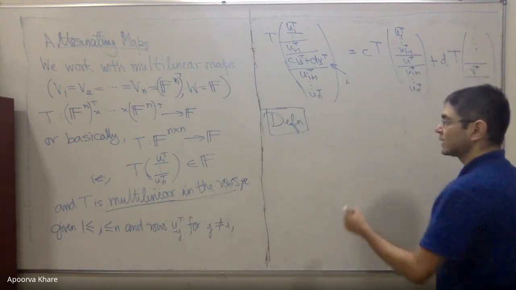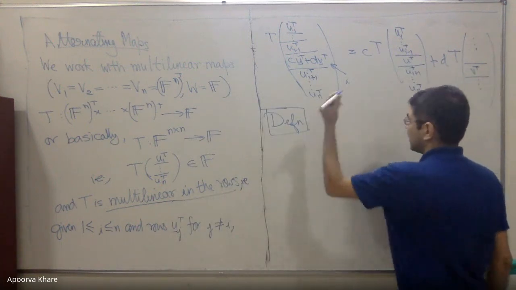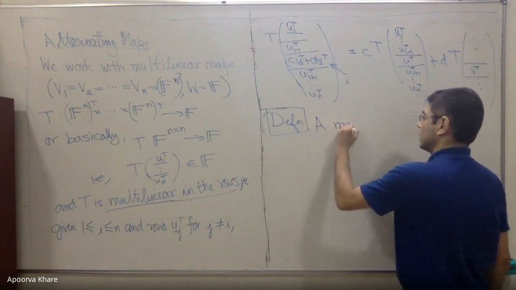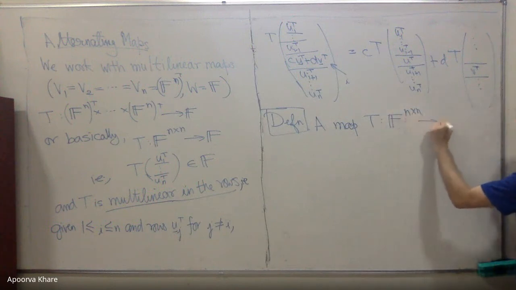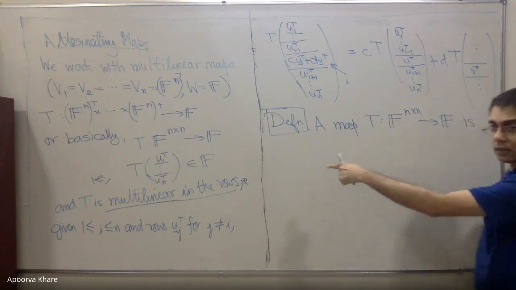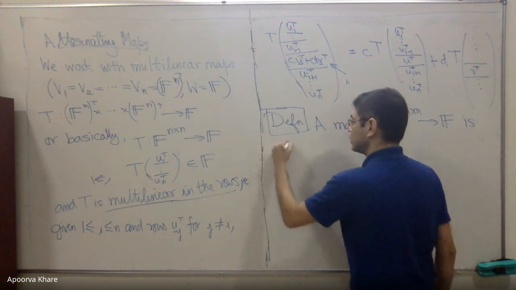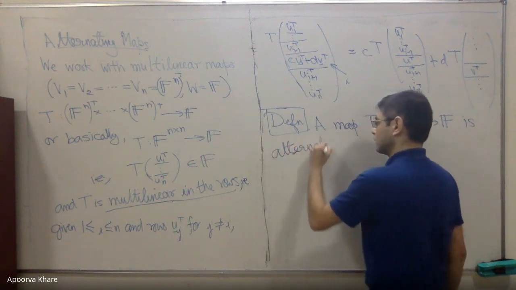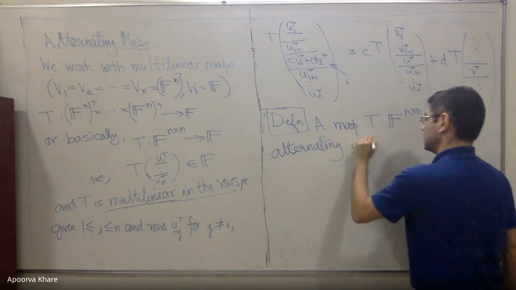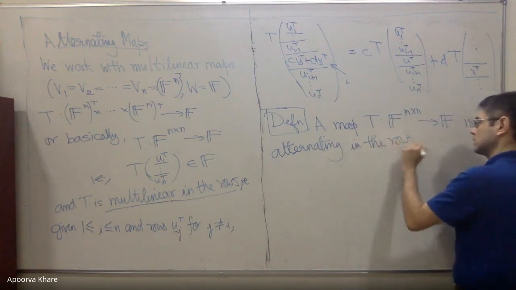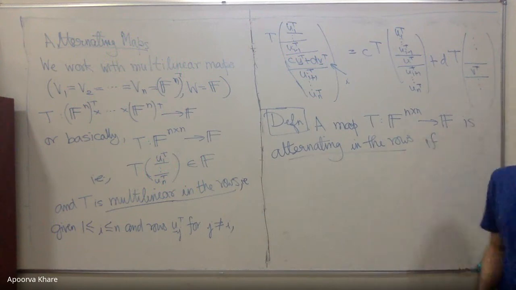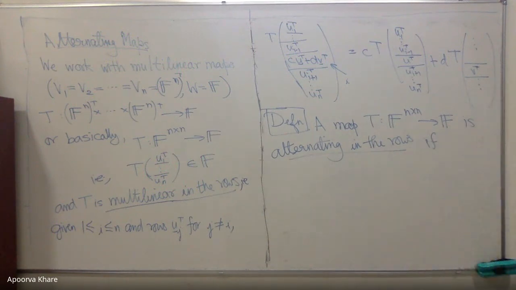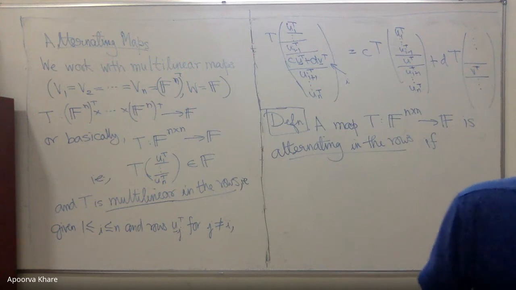And now we say that a map T from F to the n cross n to F, which is multilinear in the rows, is going to be alternating in the rows if, basically, whenever you have a matrix with 2 rows equal, the value is 0.